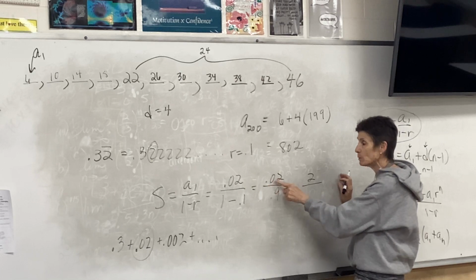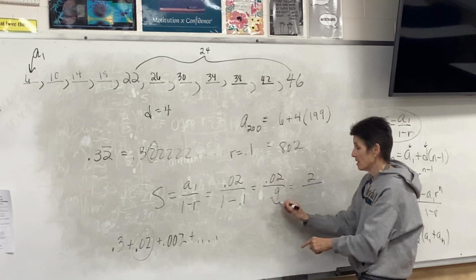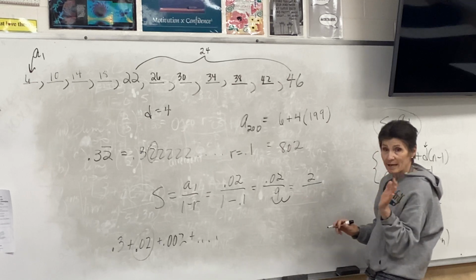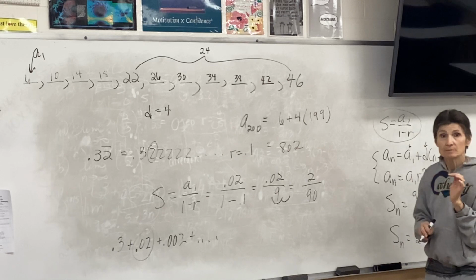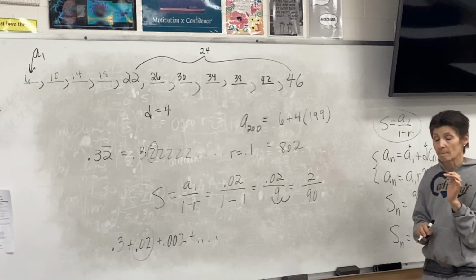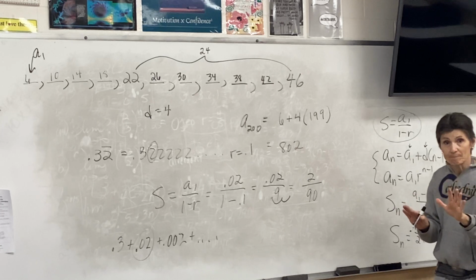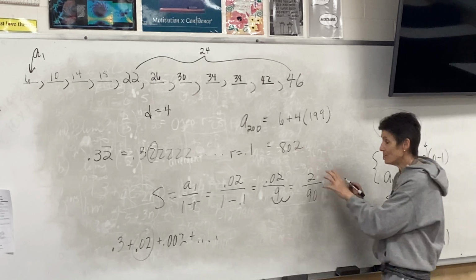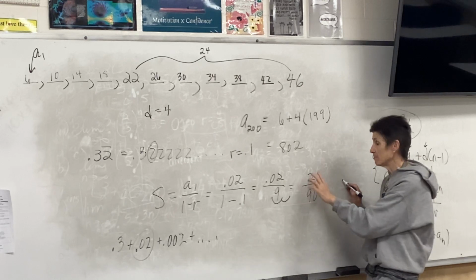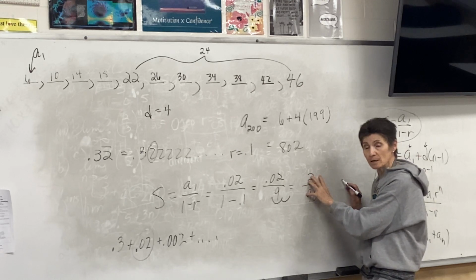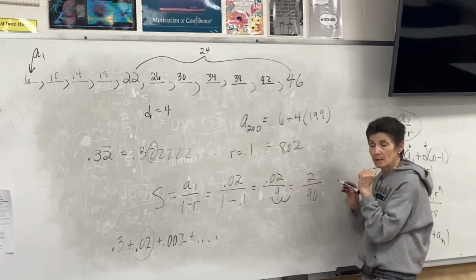But if I move that one 2 places, I have to move this one 2 places, which will give me not a 9, but a 90. So 2 over 90. Not done. This problem is tricky, because this is the fraction, and I know it's not reduced, we'll get that in a second. This is the fraction for the repeating part of the decimal.